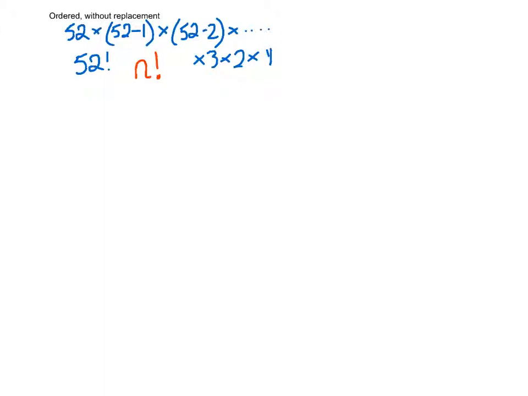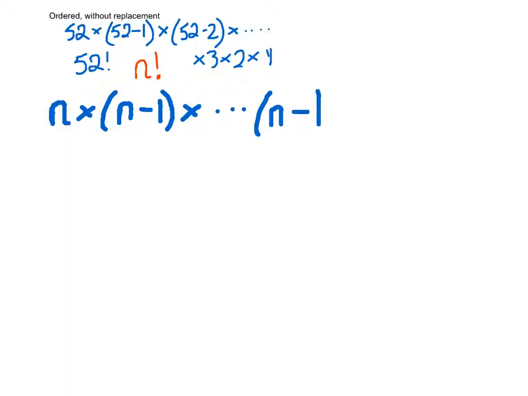So if we think about that, what's going to happen is that we have first n possibilities and then of course n minus 1 possibilities, and this is going to continue until we get to n minus k plus 1.